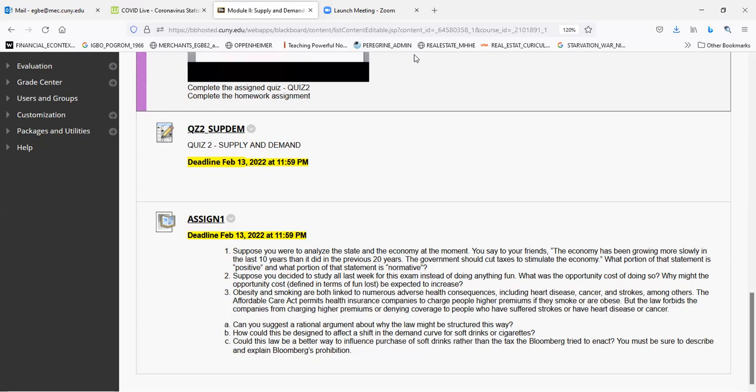The reason the law is structured that way is that when people smoke, they cause themselves to have heart disease or maybe even stroke, and by creating that problem, they cause insurance premiums to go up for everybody. So what the health insurance companies are allowed to do is to pass the cost to them.